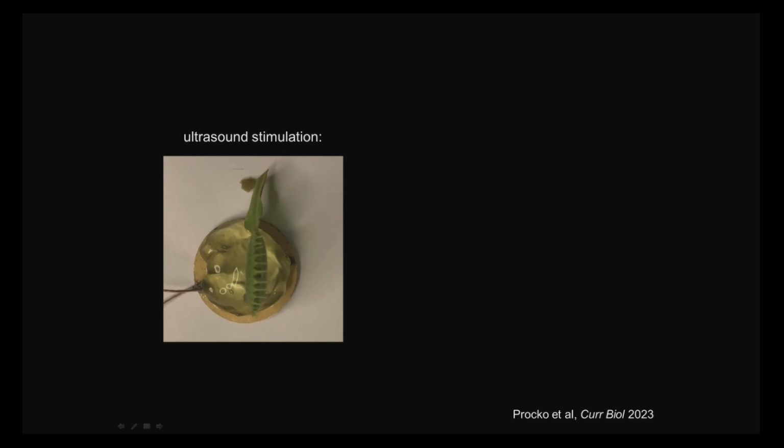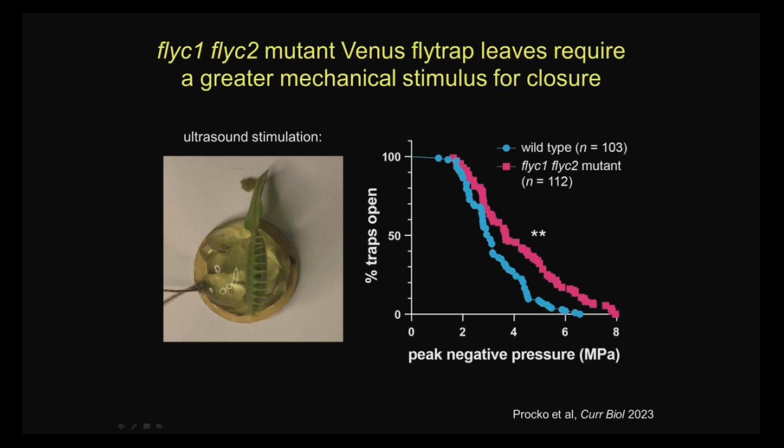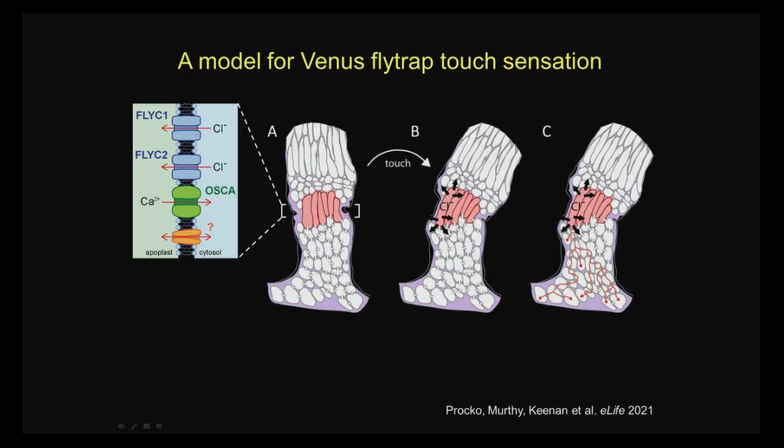And what we now find, so this now gives us a very quantitative sensitive assay, and what we now find using this more sensitized assay is that we have this defect in these double mutant plants in response to this mechanical stimulus, right? So this is consistent now with these ion channels functioning redundantly with other mechanosensitive ion channels in mechanoperception within the trigger hairs.